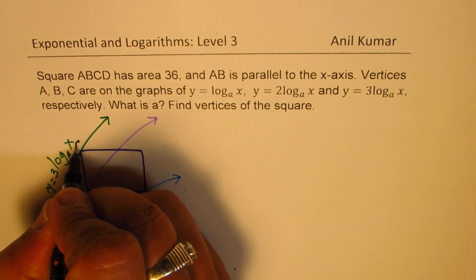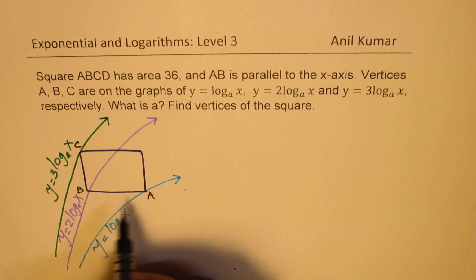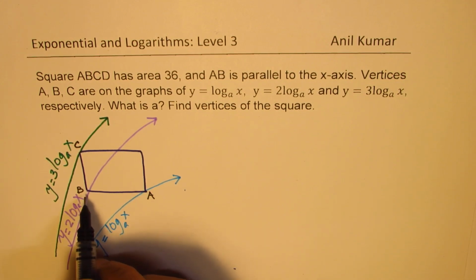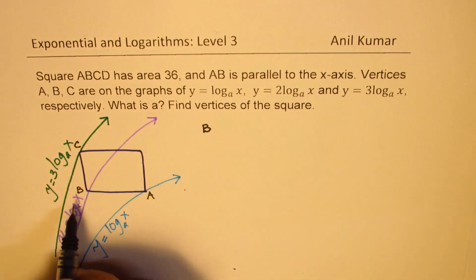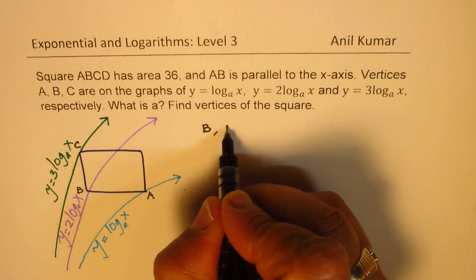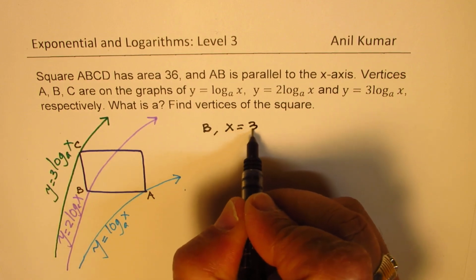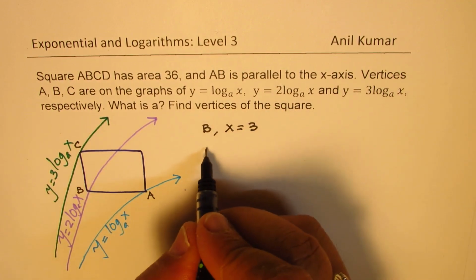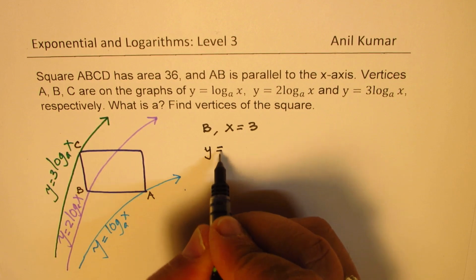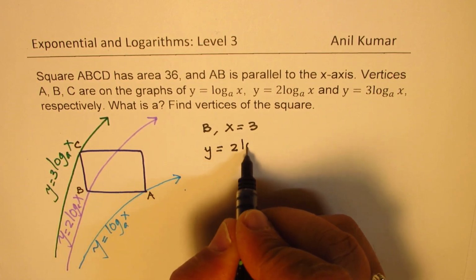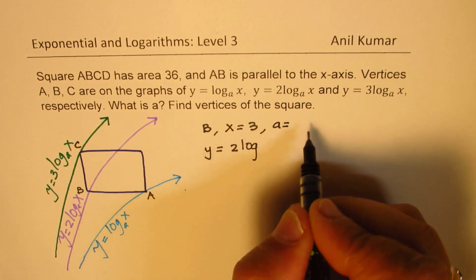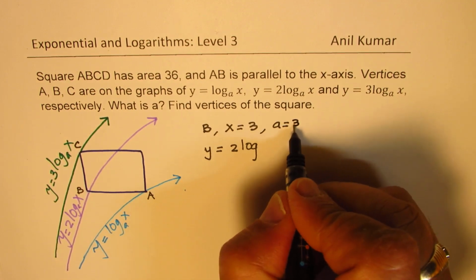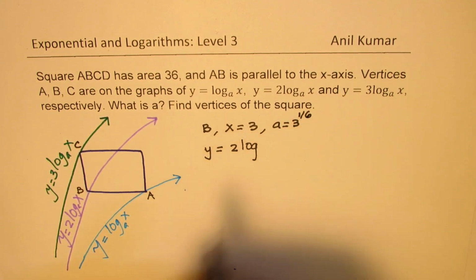So let's figure out the point B first, right? So the point B will be what? Here, the x value is equal to 3, right? So we need to work out y is equal to 2 times log to the base a, and we know a is 3 to the power of 1 over 6, correct?